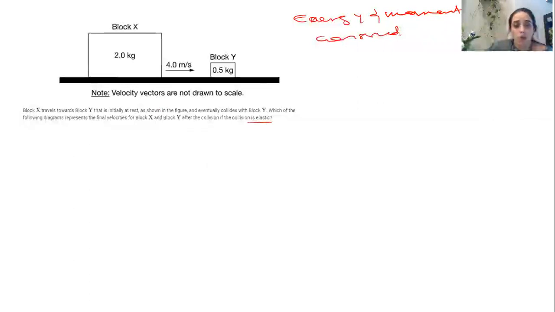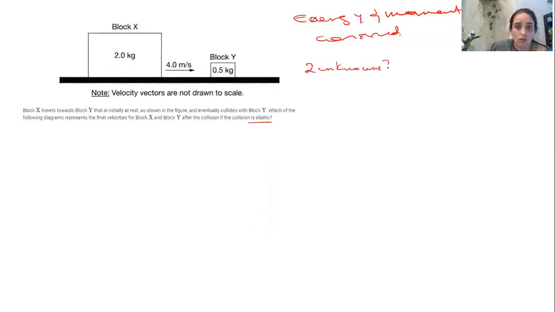So like we said before, in terms of the initial information that's provided to us, we know the initial velocity and the initial mass of both blocks, but we don't know anything about what happens afterwards. So that means that we have two unknowns, right?